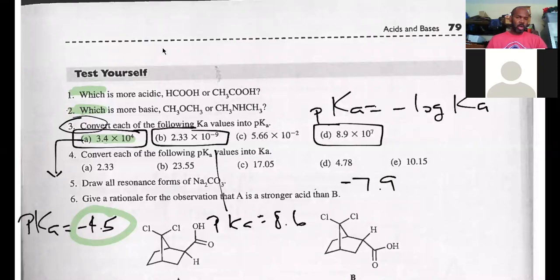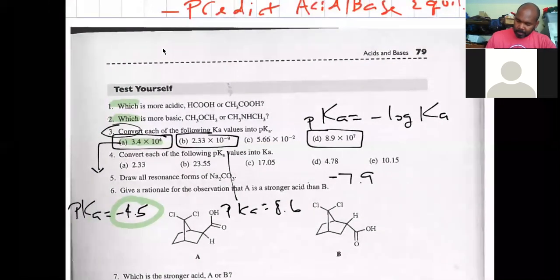So you should be able to do number 4. Number 4 says convert pKa into Ka. How would you do that? Remember the log is base 10, right? So it'll be 10 to the what? Minus pKa will be equal to Ka. Is that right?